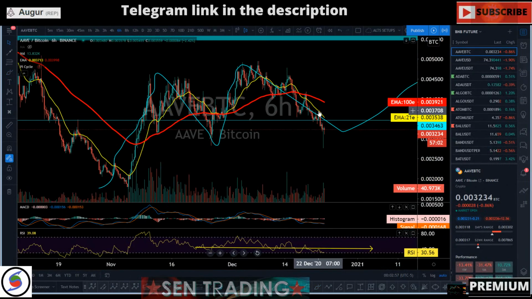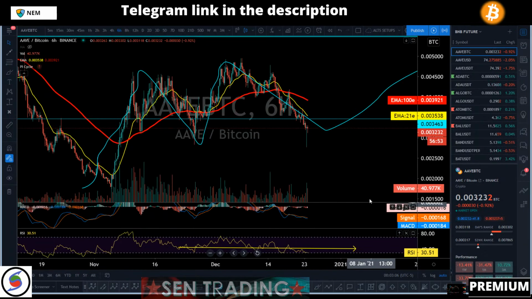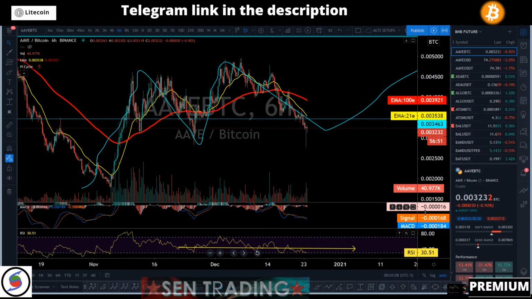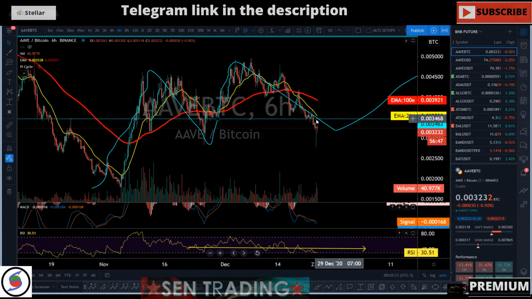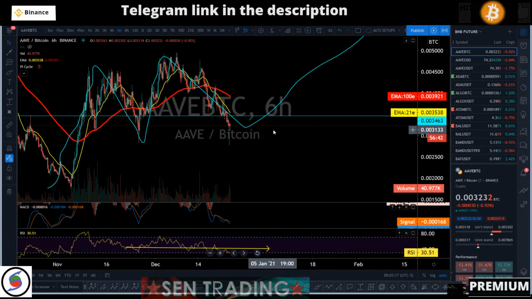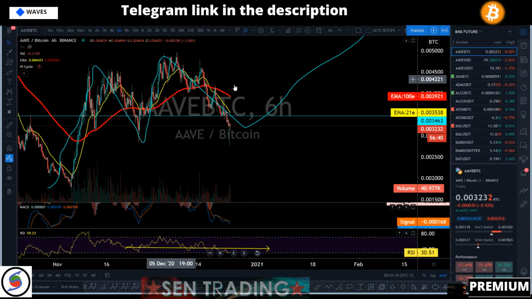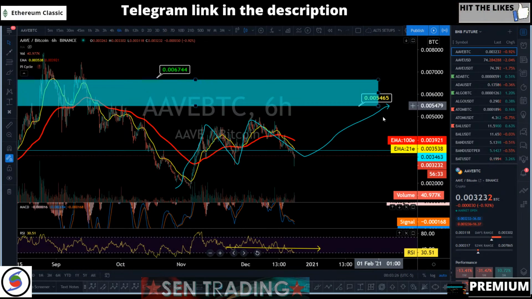I was ready to go bull on this one, but we could not get the close above the 6-hour 21. We're losing the divergence right now, but still the structure is there versus BTC. Keep an eye on AVE for a possible 0.0055, 0.0054 range.